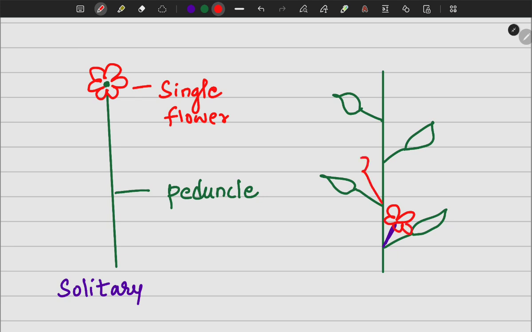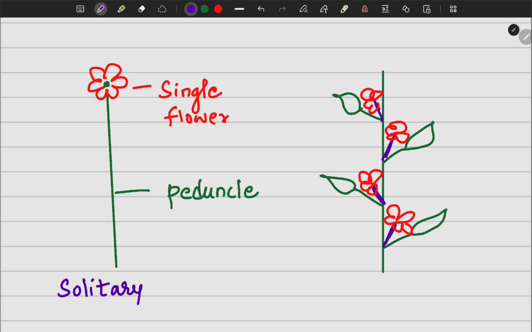So the flowers will be born at the axil, and that type of arrangement is called axillary. Like this.